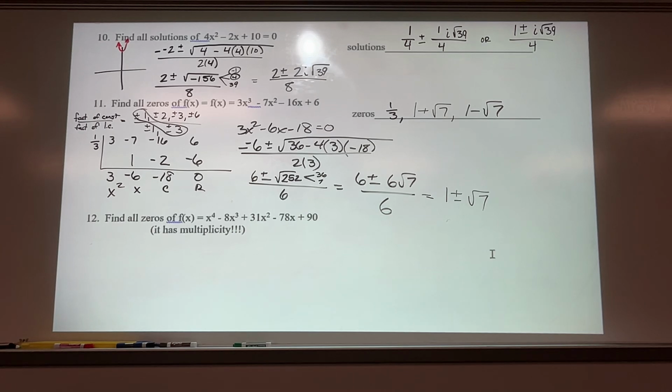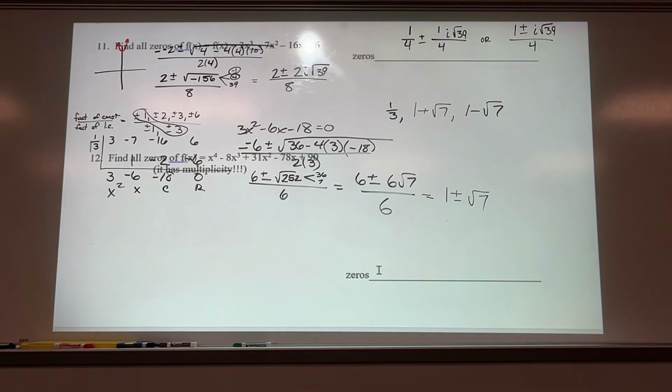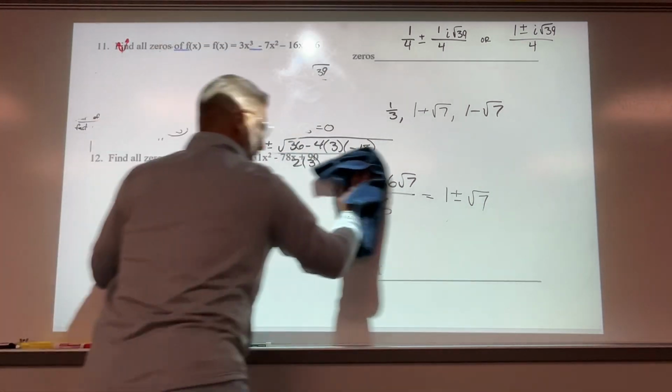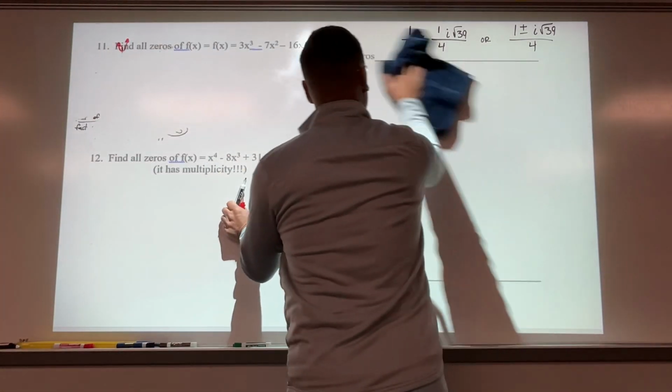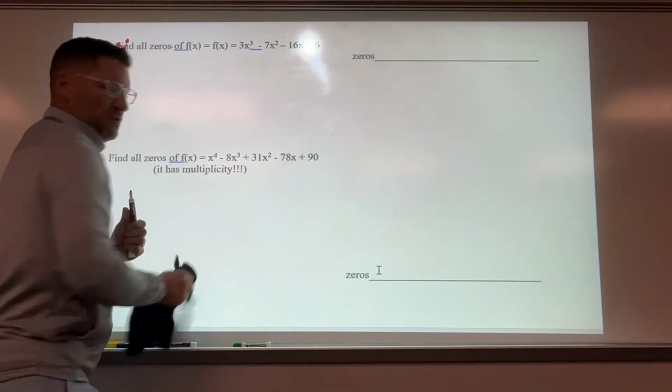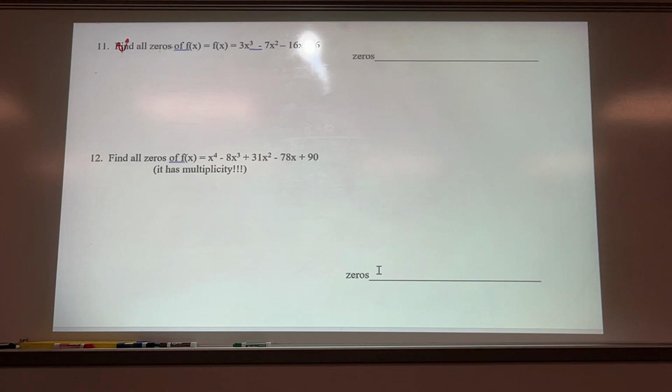All right, last problem, and the last problem has multiplicity in it. So we know we're going to use some zeros twice. So again, I think the first step is to analyze the graph and look at it. So you should be plugging it in on your graphing utility and seeing what it looks like. I don't think I have this one plugged in already. Nope. So I'm going to have to plug this in also.